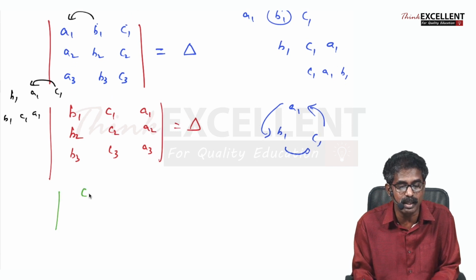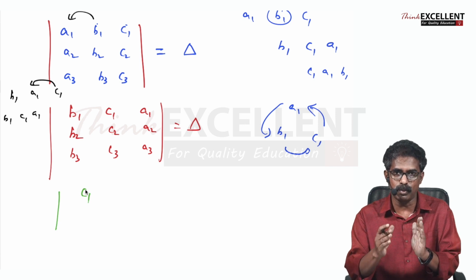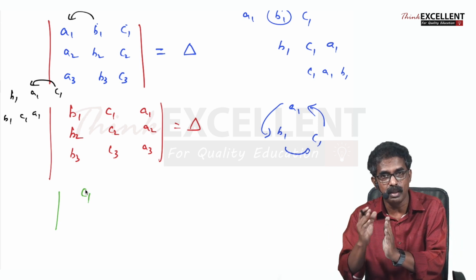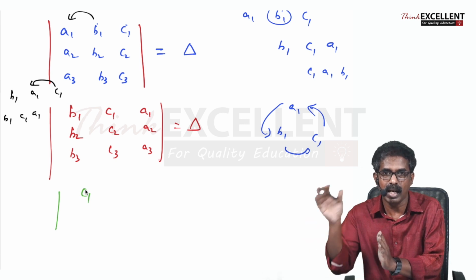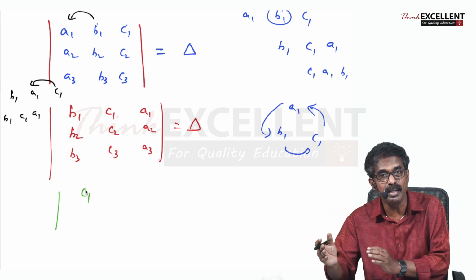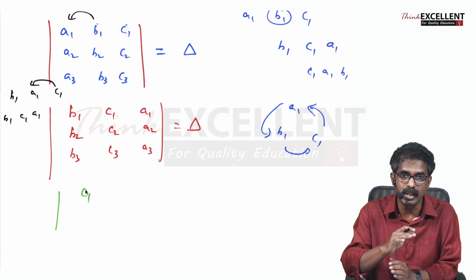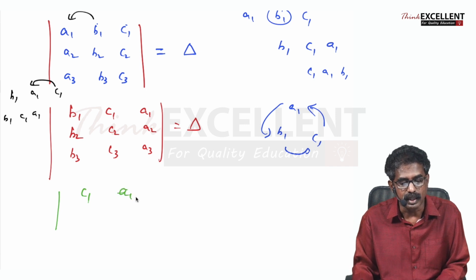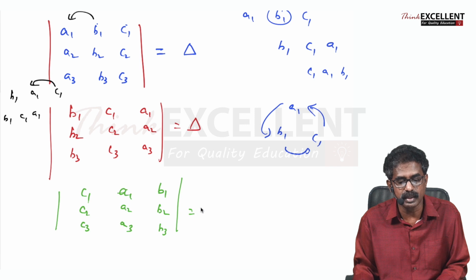You can start with A1, B1 or C1. If you start with C1, the order is C1, A1, B1, meaning C1, C2, C3, then A1, A2, A3, then B1, B2, B3. In all the cases, the answer is the same.